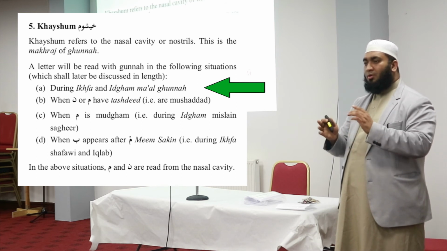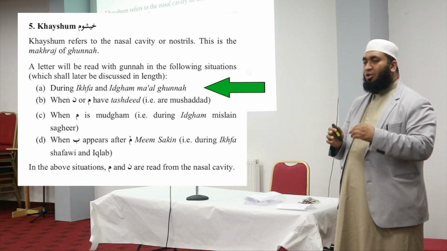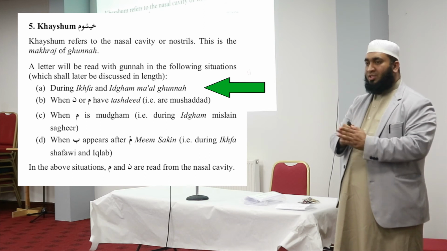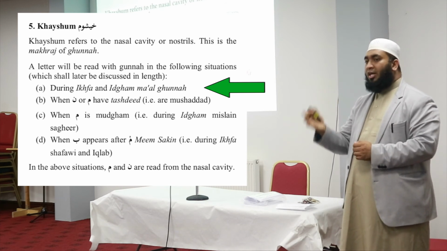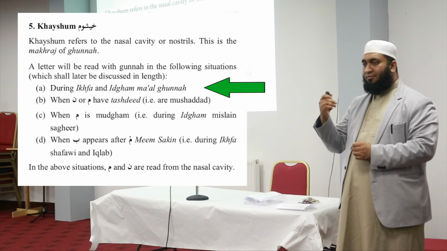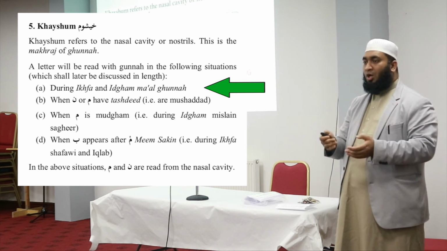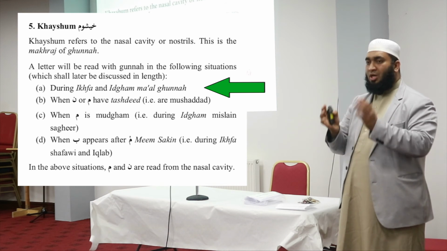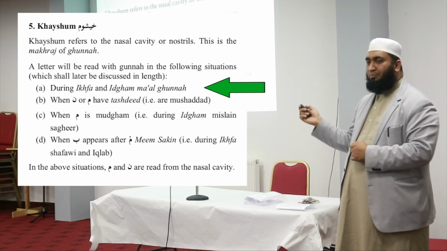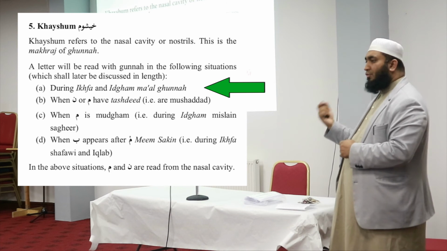You pronounce Nun first, Man, then you pronounce Ta. In between, the sound after Nun Sakin and before Ta is from Khayshum. So Khayshum is for Gunna.